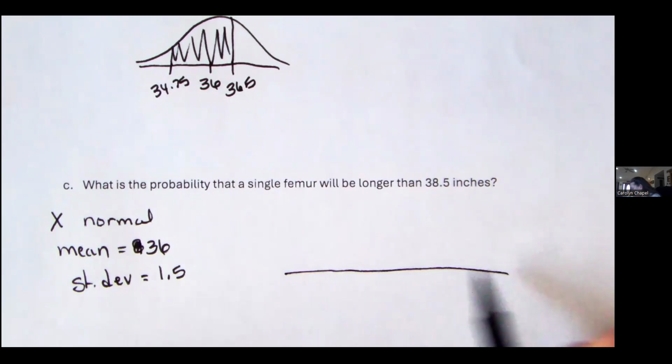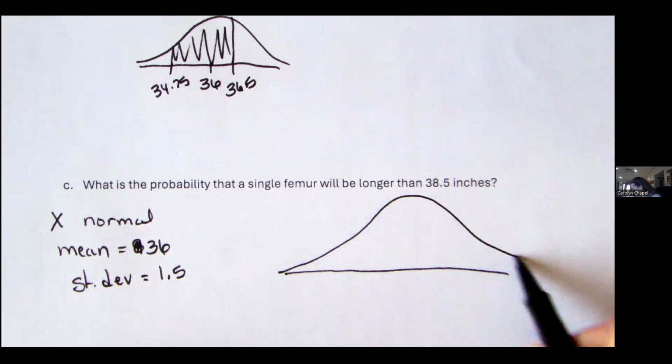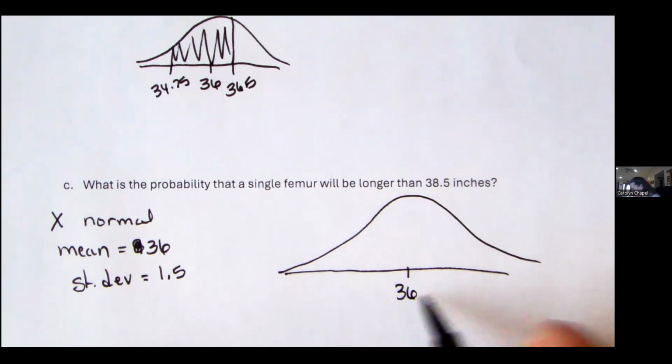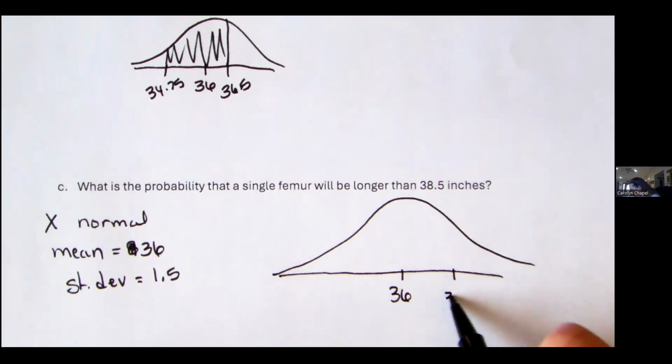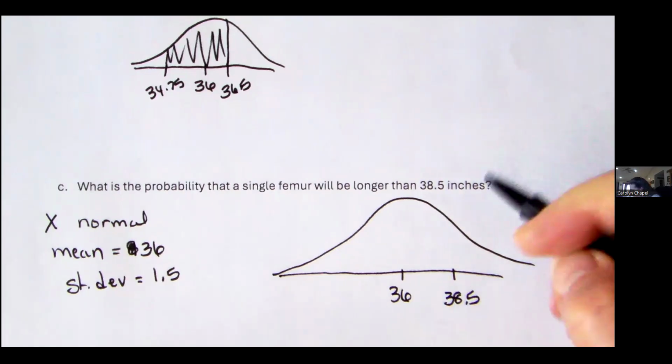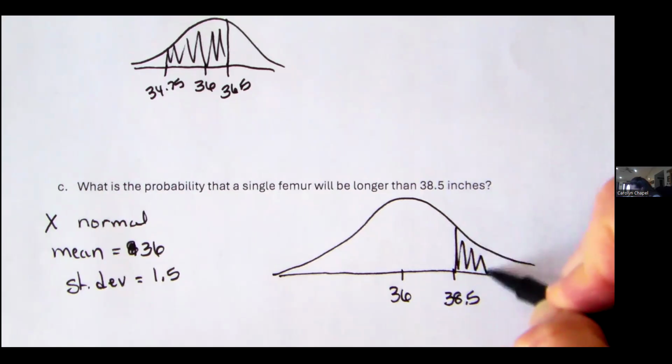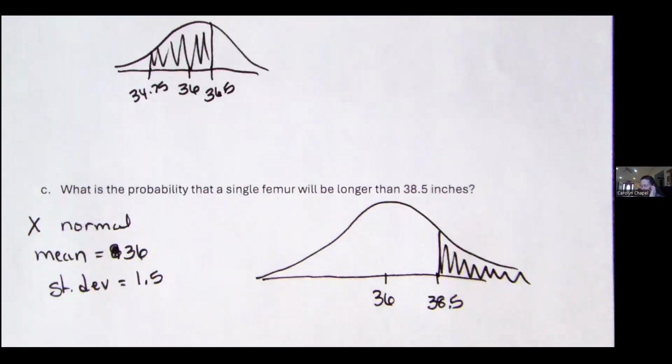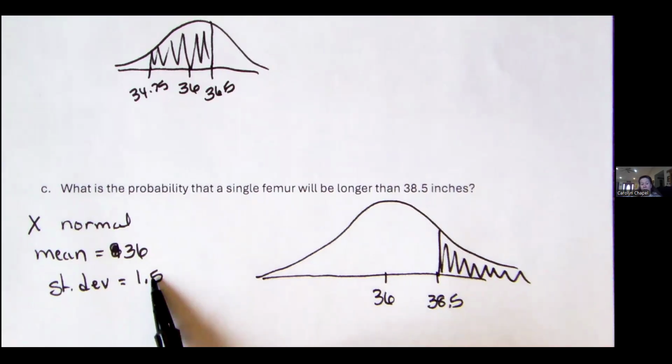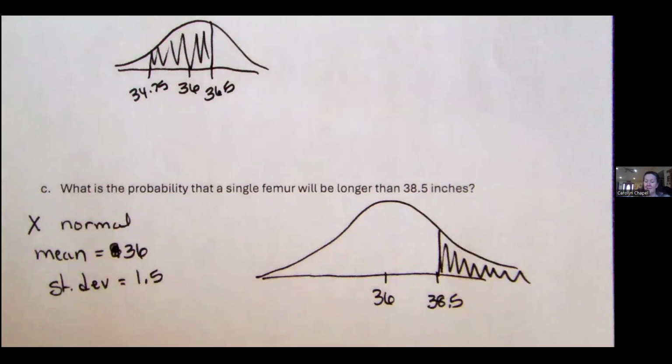So we're going to have to change a few things. So here's our 36 again. Here's my 38.5. Notice that before when we did it of a sample, we asked what is the probability that a sample of 9 of them will be bigger than this? But here, our standard deviation is going to be bigger. So be aware that we might not get 0 again.